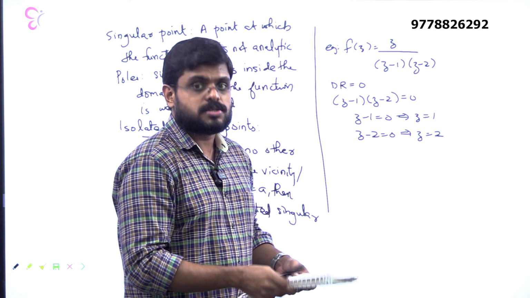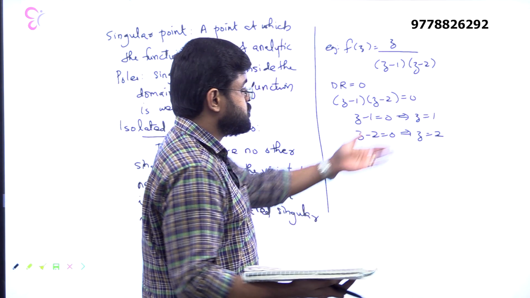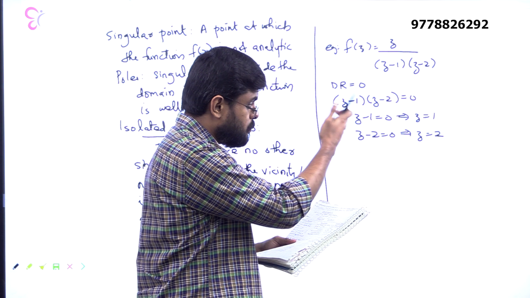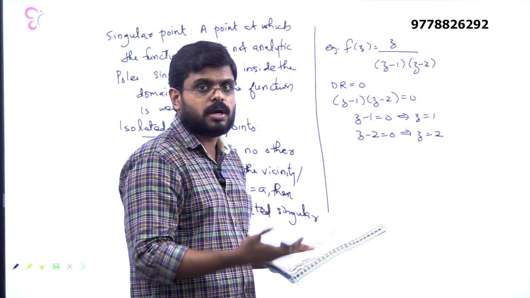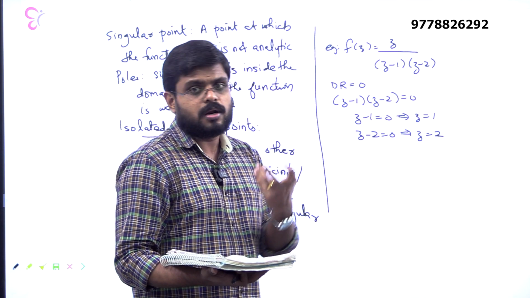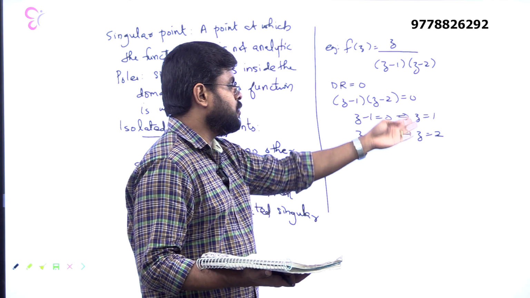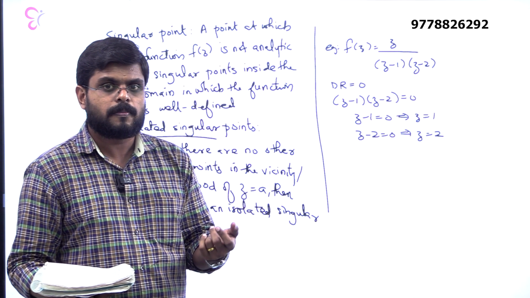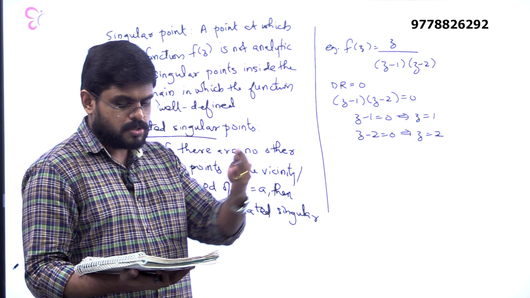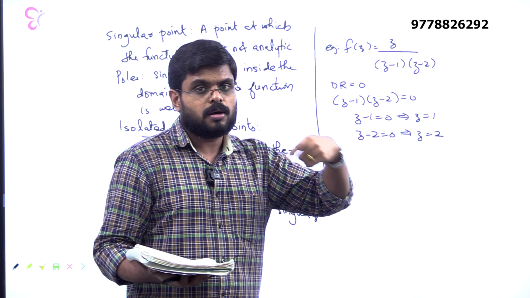These are the singular points, and are there any other singular points? No, there are no other singular points in the vicinity of z equal to 1 and z equal to 2. Each one of them is an isolated singular point.